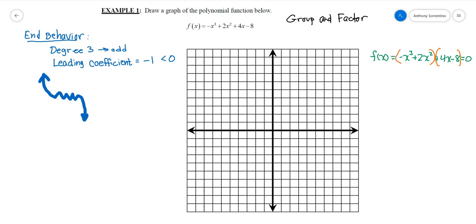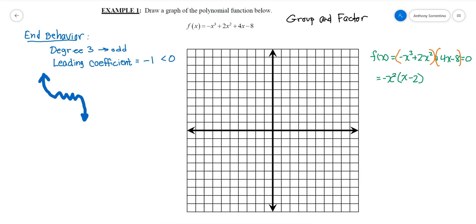I'm going to look to see what I can factor out of each one of these groups. Out of the first group, I can factor out an x squared, and more importantly, I'm going to factor out a -x squared. I always like to have my leading coefficient or my highest power of x in any quantity be positive. So I'm going to factor out a -x squared, which means inside the parentheses I'm going to end up with a positive x, and a -2.